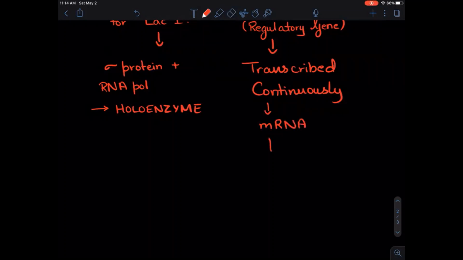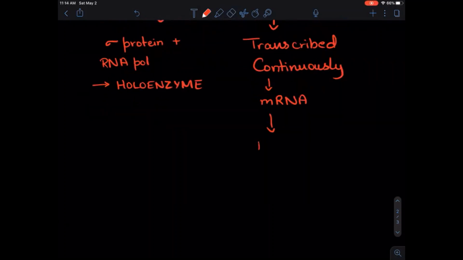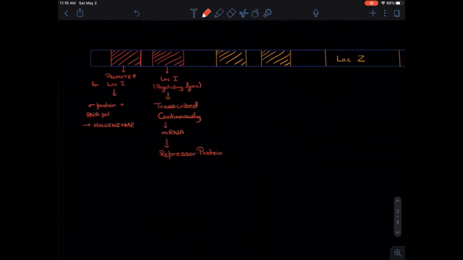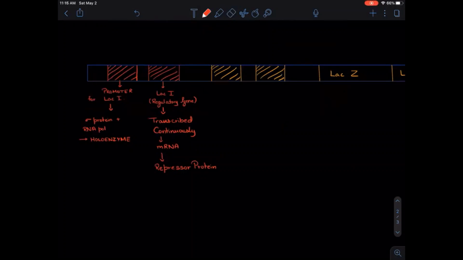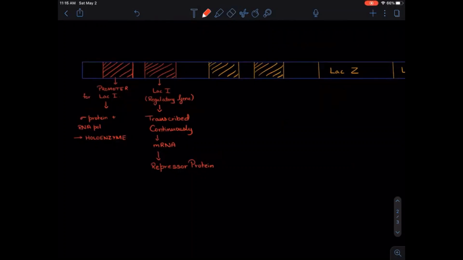Now, the Lac-I, which is a regulatory gene and transcribed continuously, forms its mRNA, which codes for the repressor protein through translation. When there is enough glucose, the repressor protein goes and binds to the operator of the Lac Operon.